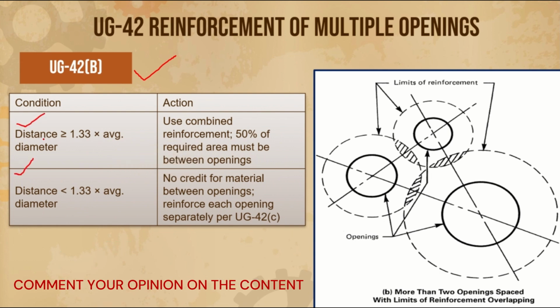When the distance between any two centers, either these two centers or these two, is greater than 1.33 times the average diameter of the two diameters.